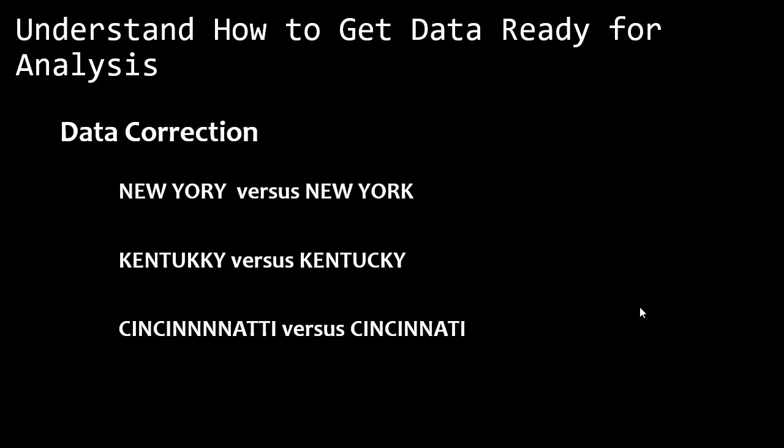Data correctness. Once again, very simply, we don't check for spelling and so on. Now, we can do things if we normalize our databases for cities and states, but if we don't normalize them, and sometimes there's an argument about the cities, you can see very easily we can misspell something from New York to good old Cincinnati, which has been spelled 18,000 different ways, with 2 T's, with 3 N's.